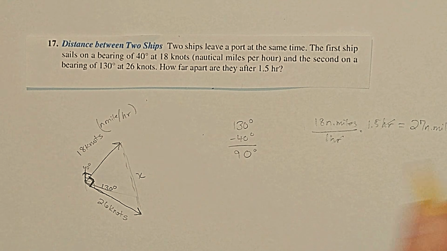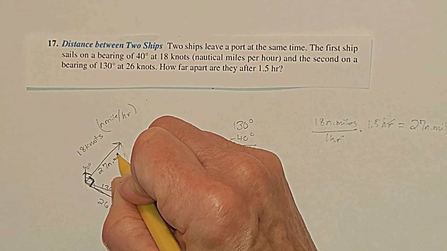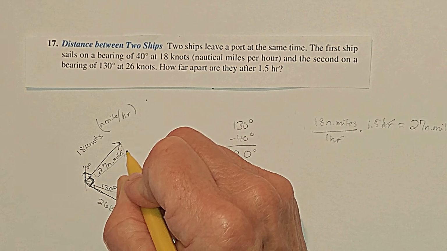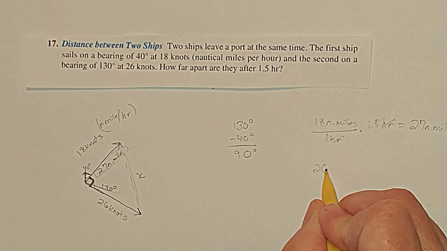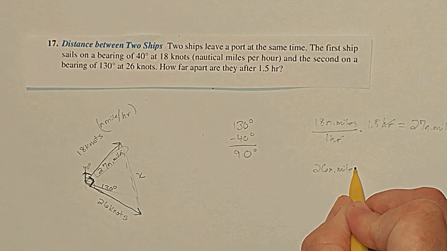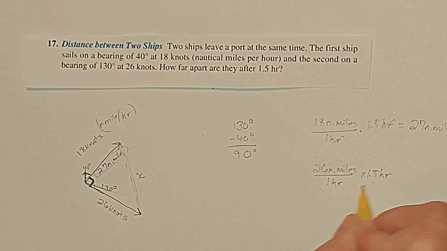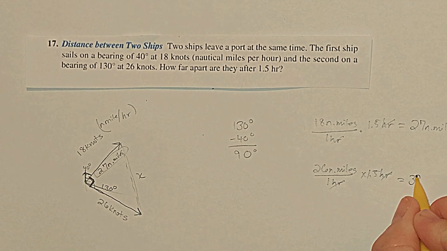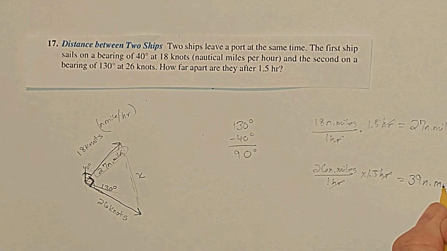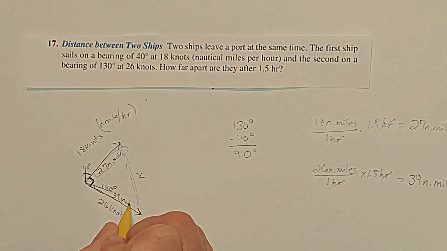If this other ship's been traveling 26 nautical miles per hour for 1.5 hours, 1.5 times 26 is 39. That ship has gone 39 nautical miles.